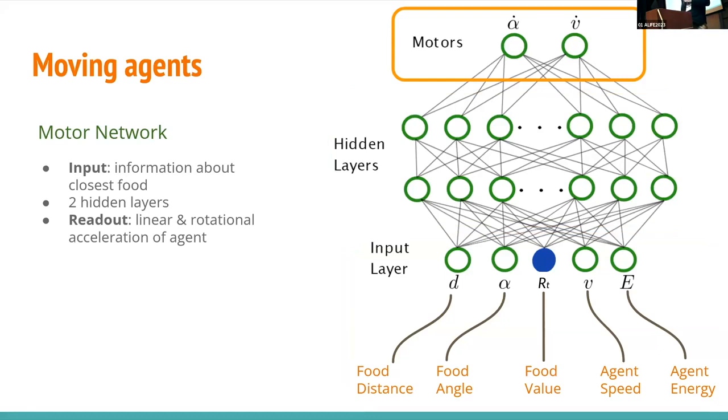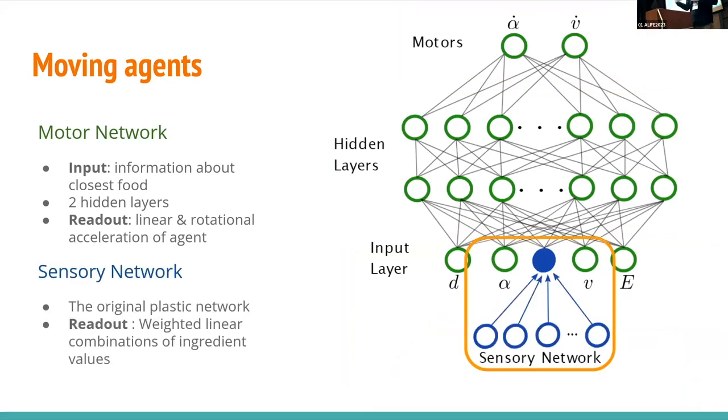And the food value, instead of being given directly, is given by the sensor network that we had before. So our original agent is now attached to a motor network. And we're now evolving the connectivity of the motor network, which is static, it's not plastic, plus the plasticity parameters of the sensory network. So these two co-evolve.